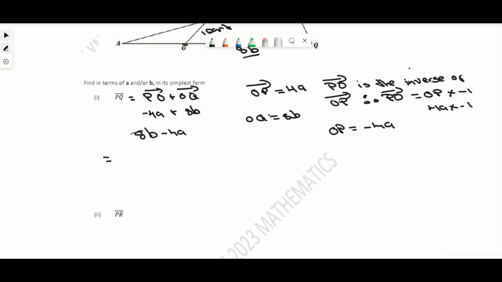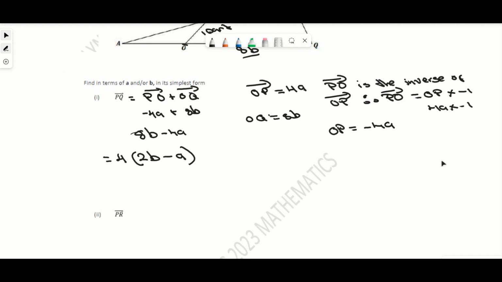What do 8 and 4 have in common? They have 4. 4 multiplied by what would give you 8B? 4 multiplied by 2 is 8, and then there's B. And minus 4 multiplied by what would give you 4A? You'd have a minus here. And that would be your answer for the first part, right? 4 open bracket 2B minus A.